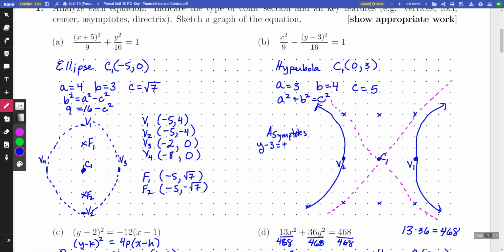So I'm going to have plus or minus whatever my slope is times x, and then minus, in parentheses over here, for my x value would be x minus 0.